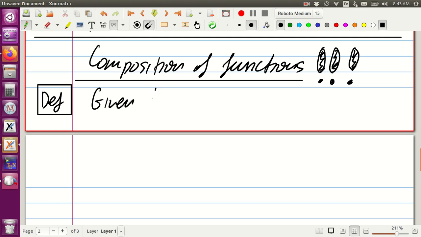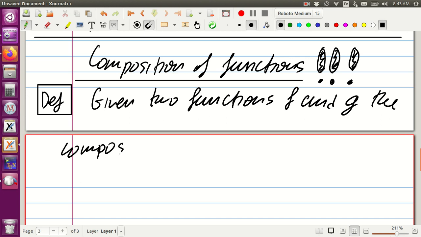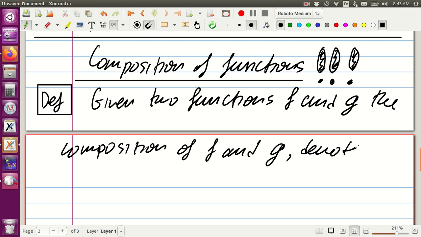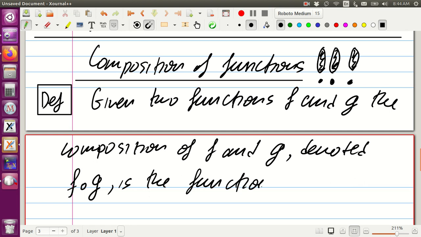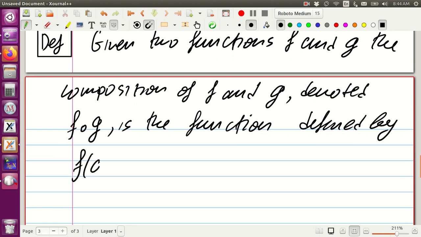Given two functions f and g, the composition of f and g, denoted by a little circle, so f little circle g, is the function defined by f of g of x.